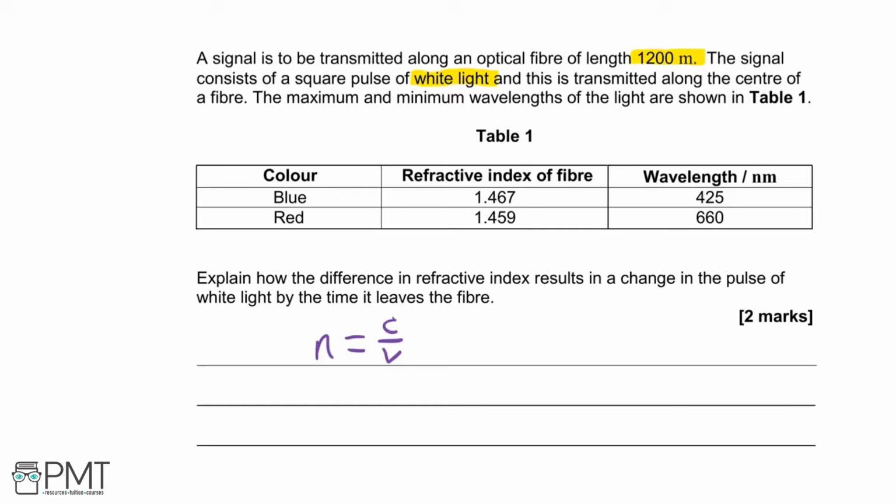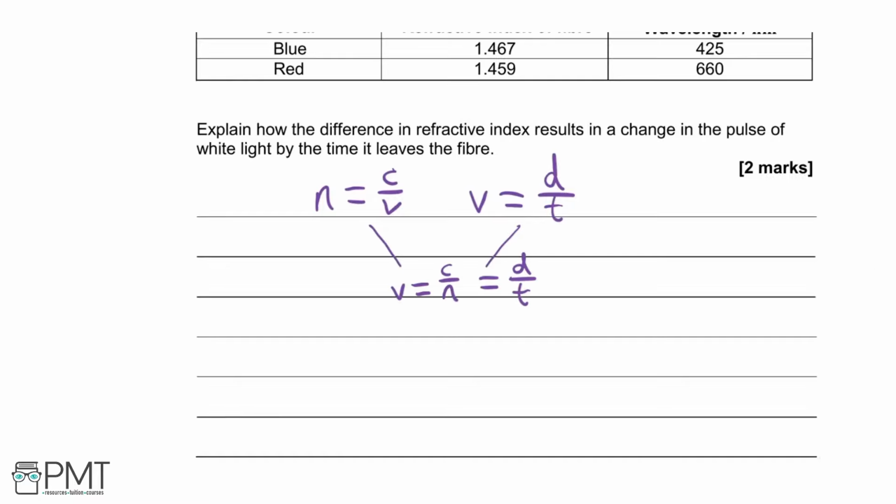The other one that we're going to use is the speed, distance, time equation. So speed is equal to distance divided by time. You'll notice that where we've got speed in both of those, we can actually tie these two equations together. Now you'll notice that this question is asking you to explain how the difference in refractive index results in a change in the pulse of white light by the time it leaves the fibre.